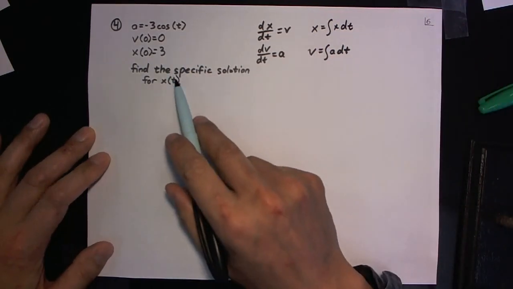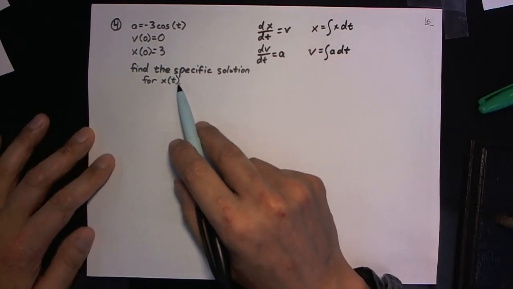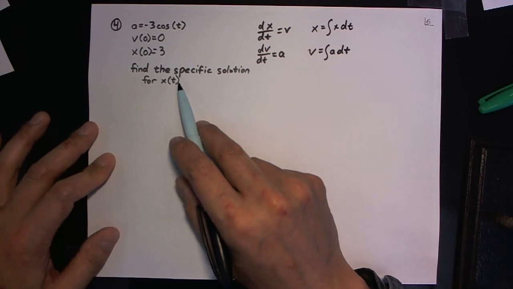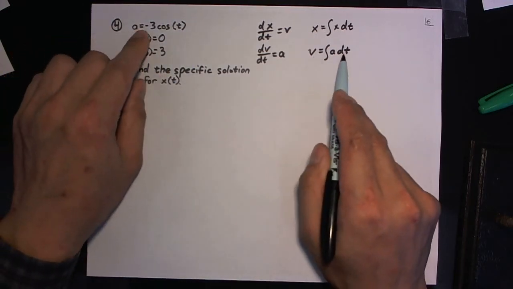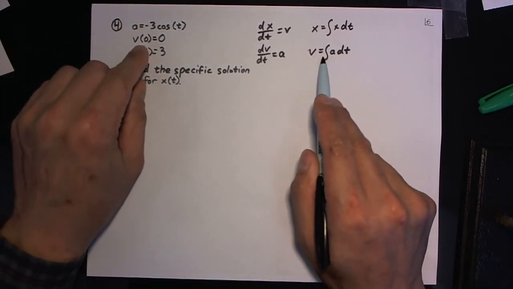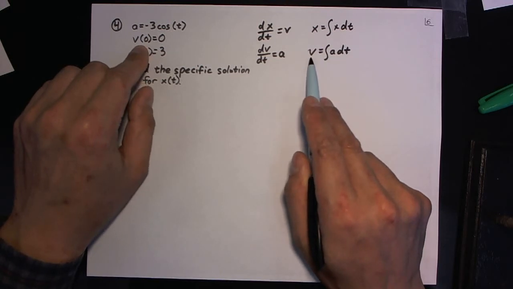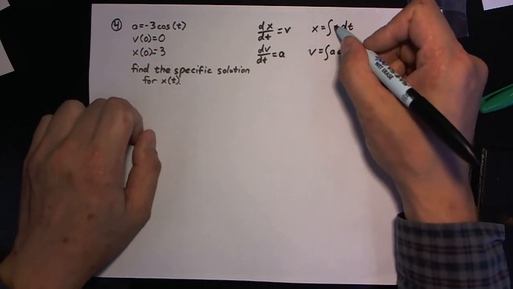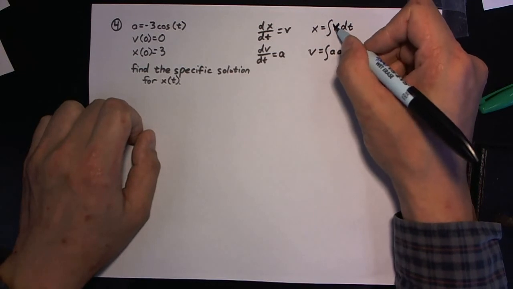So what this problem is asking us to do is take an integral, find the specific solution, and then do that again. So we take the integral of acceleration, we use that to get velocity, along with this one known point here, and then we take, this should be integral of velocity.